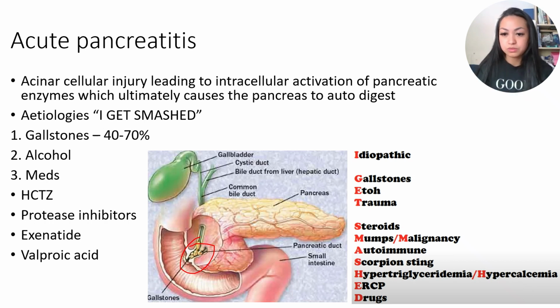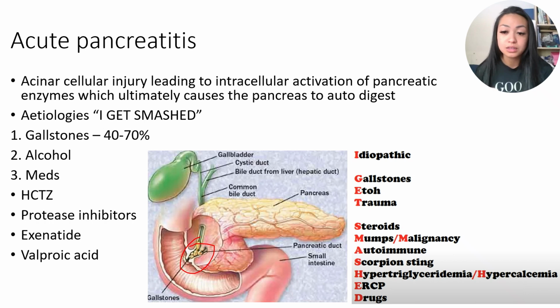G for gallstones, most common. E for alcohol. T for trauma. Any direct or blunt trauma to the pancreas can cause irritation and inflammation of the pancreas. S for steroids. M for mumps or malignancy, cancer. A for autoimmune. S for scorpion sting.